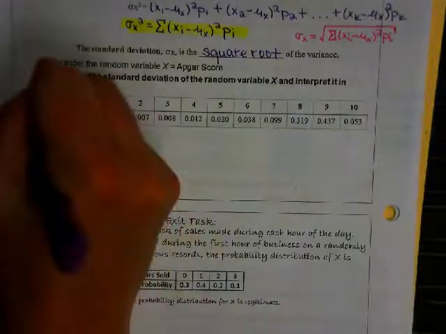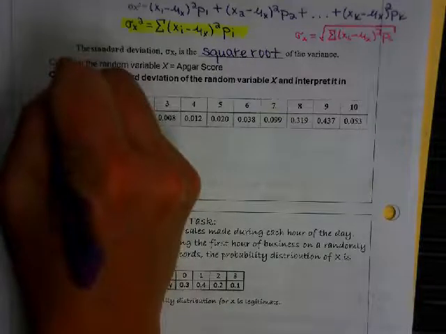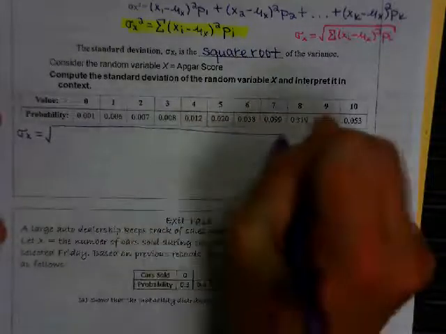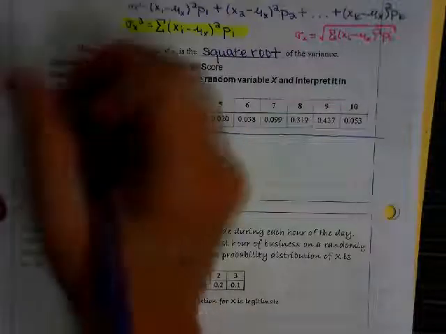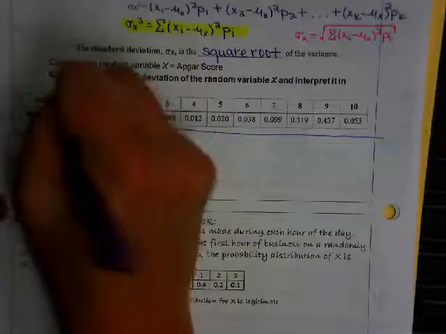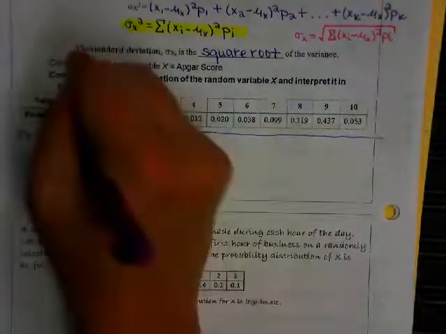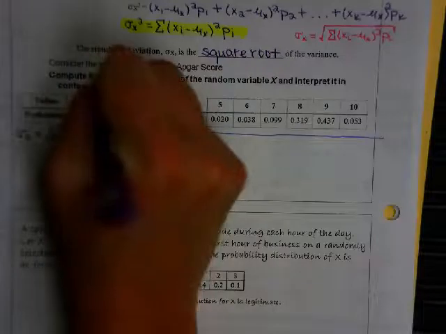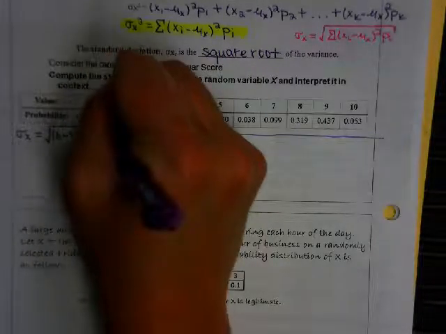We're going to take 0 minus the mean, which we found on the previous page was 8.128. We're going to square that, and then multiply by the probability of getting an APGAR score of 0, plus the next value, 1 minus the mean squared, times its probability.